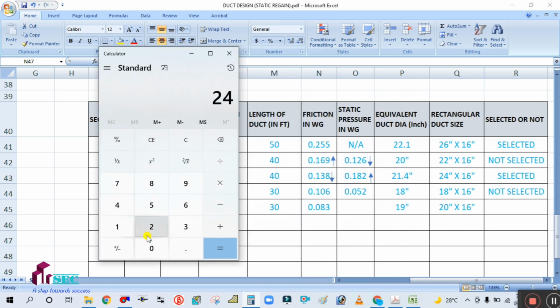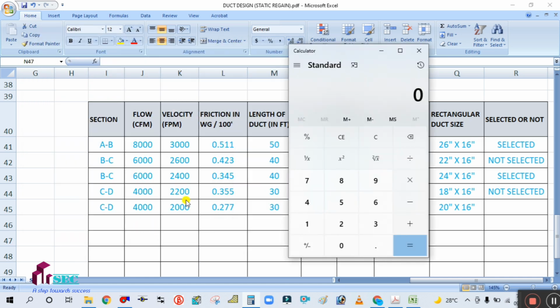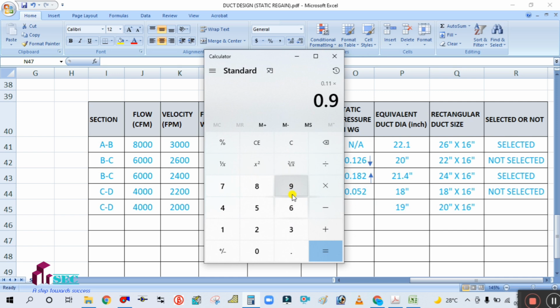V1 will be 2400 divided by 4000, whole square 0.36. Okay, so simply clear this, and now we assume here 2000. So 2000 divided by 4000, whole square 0.25. Simply clear. So 0.36 minus 0.25, so 0.11 into 0.9 is R.